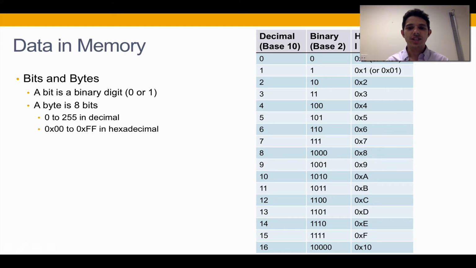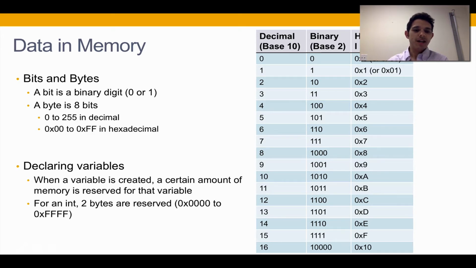Then each digit is a value that goes 0, 1, 2, 3, 4, 5, 6, 7, 8, 9, and then A, B, C, D, E, F. So that's 10 numerical digits, and then we use the characters A through F to denote the next 6. So it's base 16. The 0x doesn't mean anything besides, hey, we're talking in hexadecimal now.